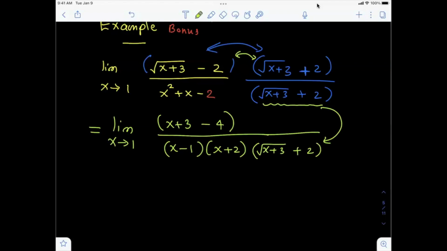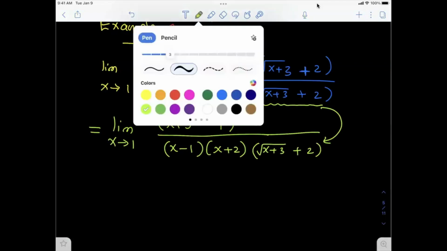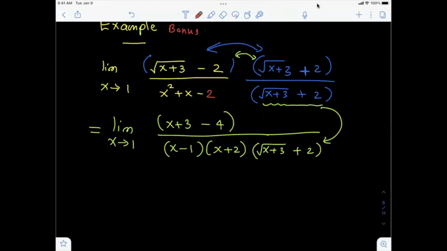Now all you need to do is to simplify. Do you need to wait until one more line to see the cancellation? Or if you can see it right away, what you see here is x minus 1. X minus 1 cancels x minus 1. And then once you have it, do the simplification right away, plug in 1 over, you're going to get 1 plus 2, that's going to be 3.